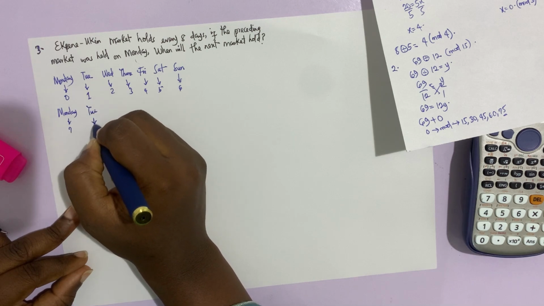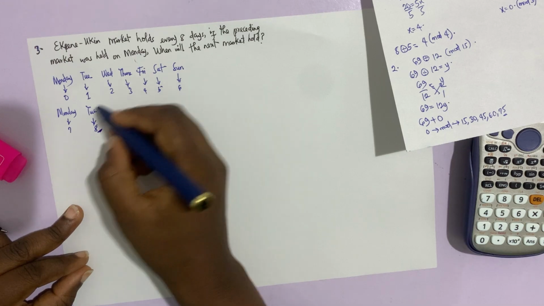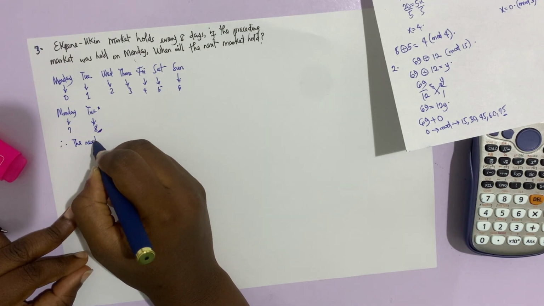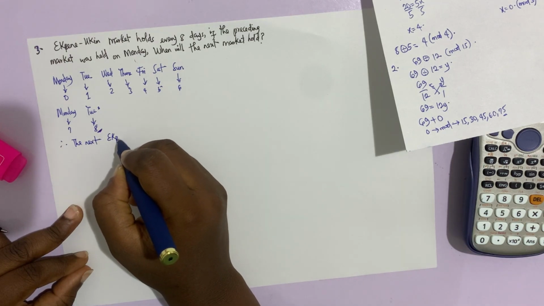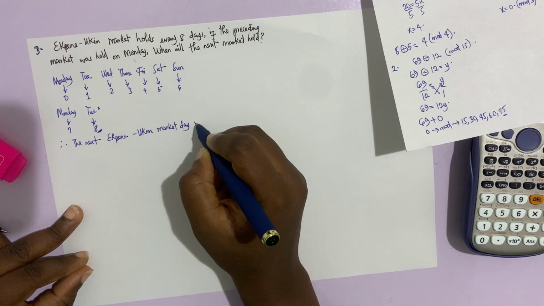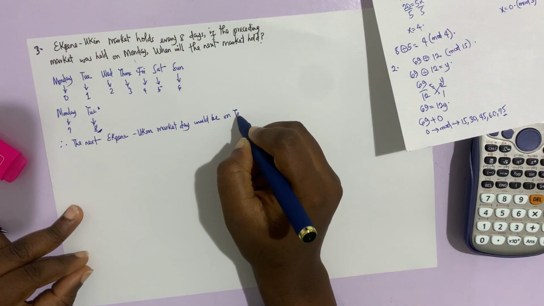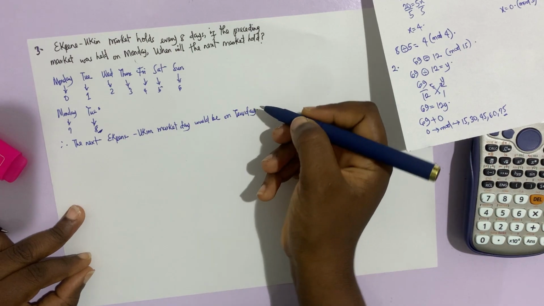Tuesday will be day 8. The 8th day will now be Tuesday. Therefore, the next market day would be on Tuesday. I hope you understand this.